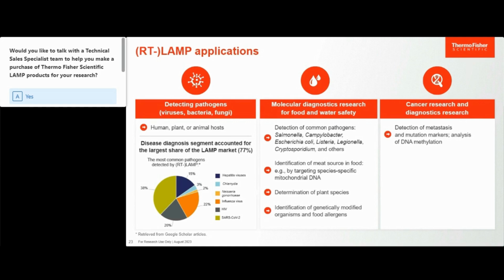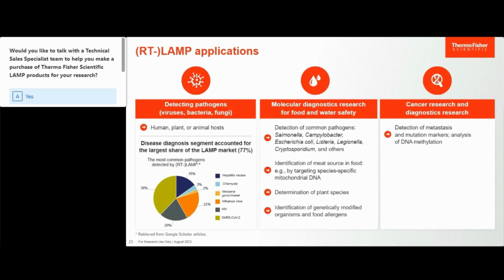This distribution is quite logical because these viruses can change very quickly, spread easily between people through contact or body fluids, and affect many around the world. That's why rapid and sensitive detection methods such as LAMP are suitable for the detection of these diseases.